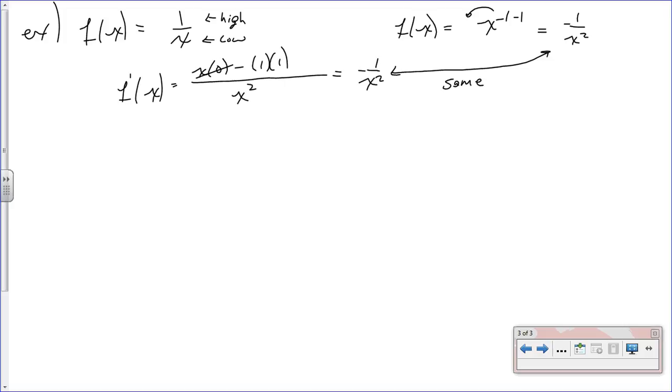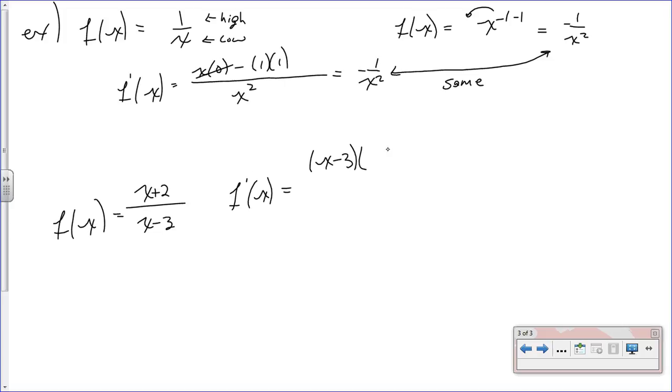All right. So let's look at another example. Say f of x equals x plus 2 over x minus 3. Let's find f prime of x for this one. So remember, it's low d high, so x minus 3 times the derivative of the top, which is 1, minus high d low. The derivative of the bottom is also 1, over the bottom squared, x minus 3 squared.